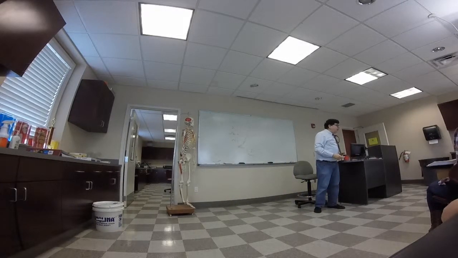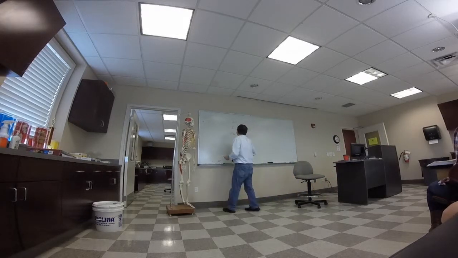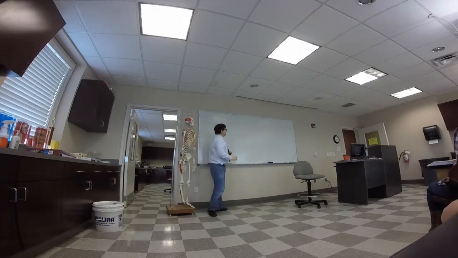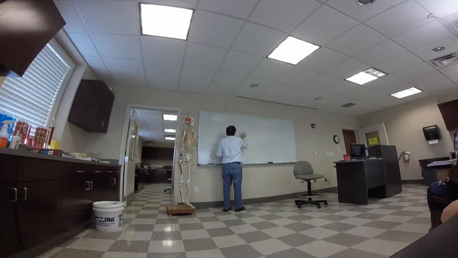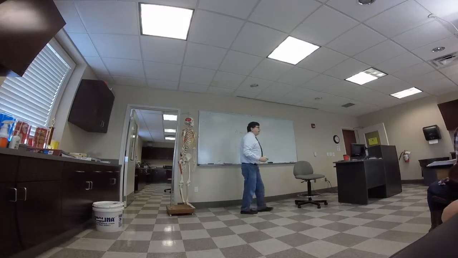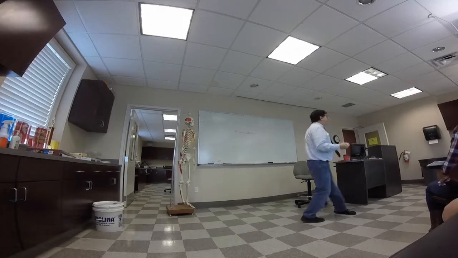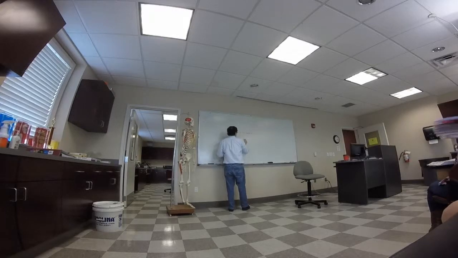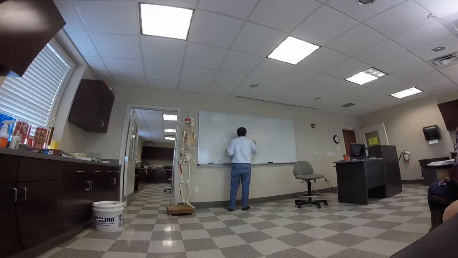All right. You know, in clinical practice, a lot of times we calculate what's called the AA gradient. The AA gradient is the difference between the alveolar PO2, which we can calculate, and the arterial PO2, which we can get from ABGs, blood gases.